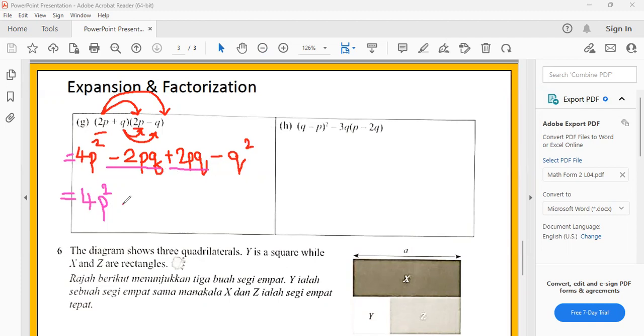Okay, this will literally cancel off itself. Negative 2pq plus 2pq is 0. And then you are only left with minus q squared. This is how your answer should be.